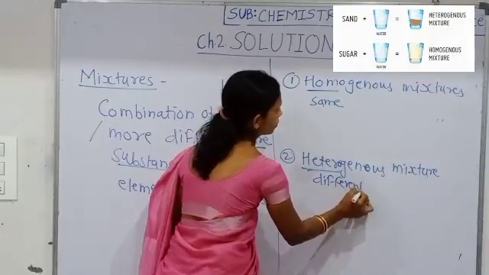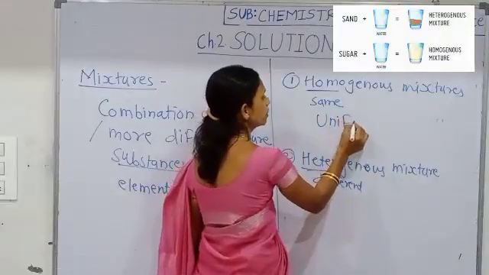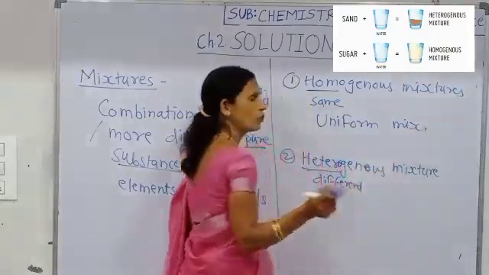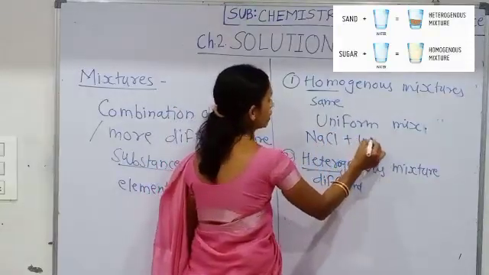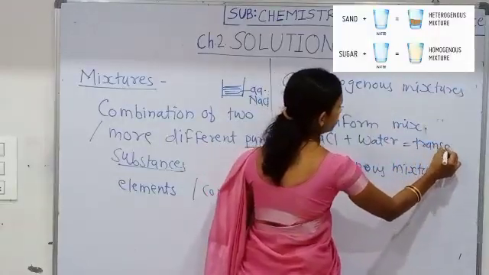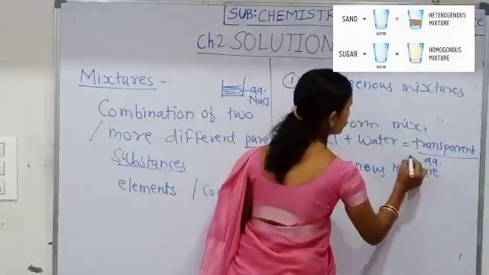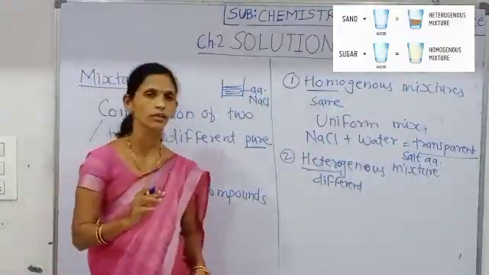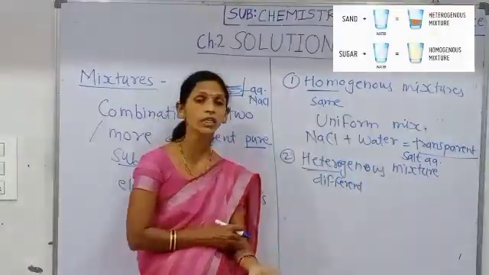In a homogeneous mixture we get a uniform mixture. For example, NaCl common salt dissolved in water gives a transparent aqueous solution of common salt. It is uniform, which means we do not find different phases of solute and solvent in it.